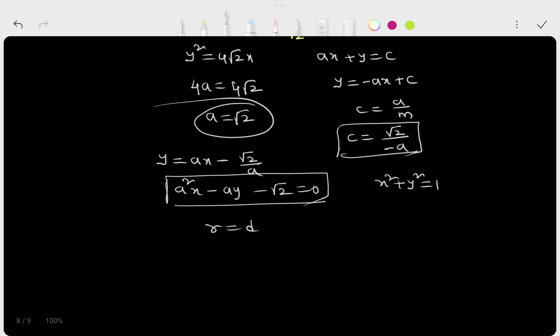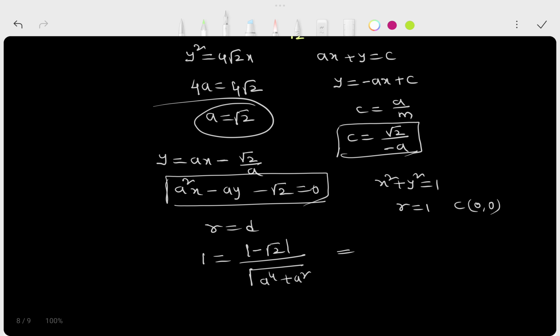Now apply that r is equal to d. r is equal to what is that value? 1, and center C is equal to what is that value? 0, 0. So d means perpendicular distance from center to the line. So here 1 is equal to the modulus of minus root 2 whole divided by root over a to the power of 4 plus a square.